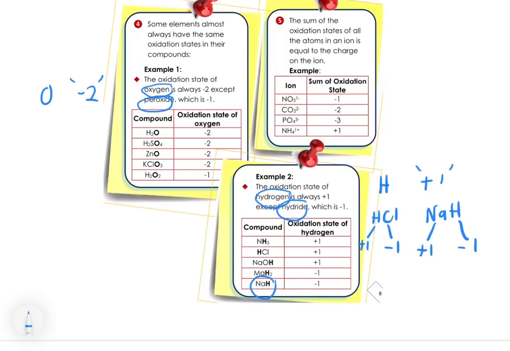But this happens in very few cases. Most of the time, the oxidation number of hydrogen is +1.